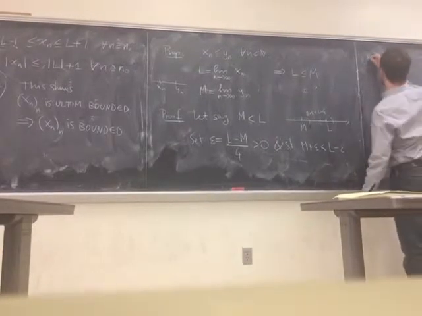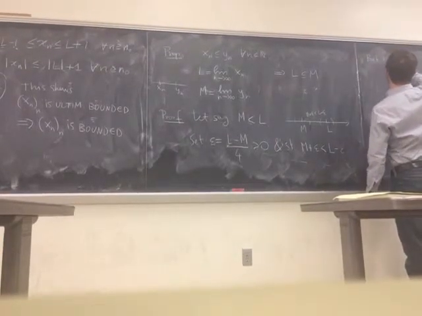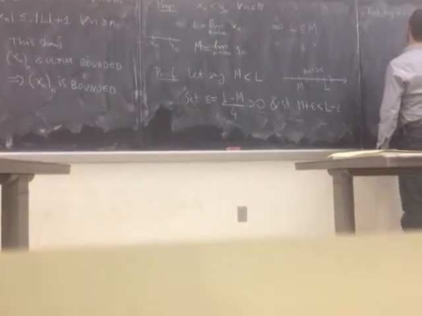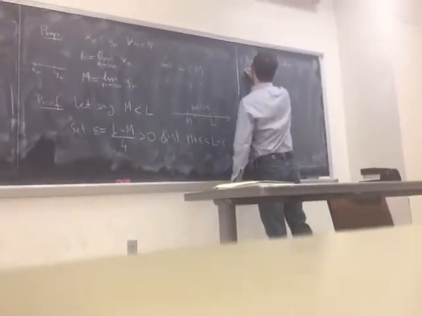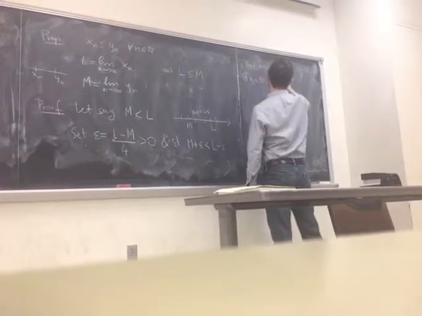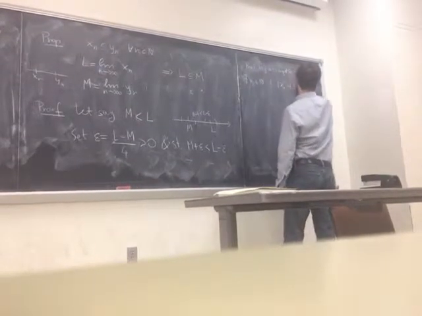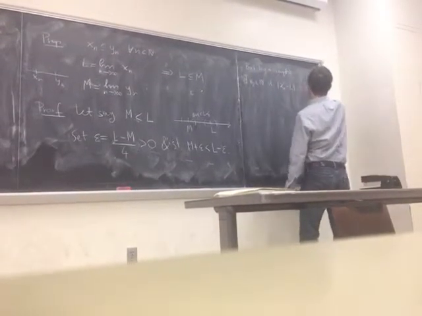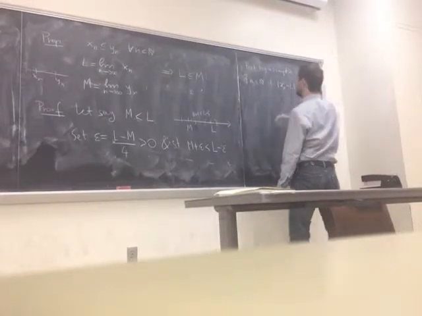But by assumption, there exists a threshold such that |xn minus L| is less than epsilon for every n larger than n epsilon.